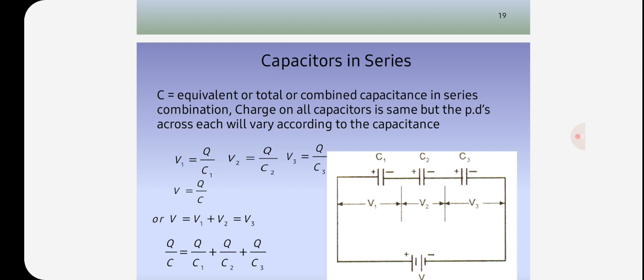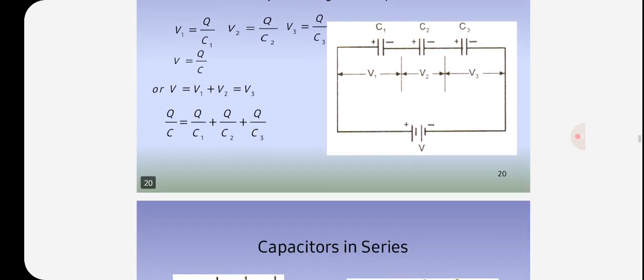But Q by V is the total capacitance, or C equivalent, between A and B. That is, 1 by C equivalent is equal to 1 by C1 plus 1 by C2 plus 1 by C3.